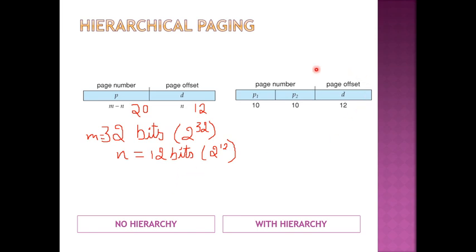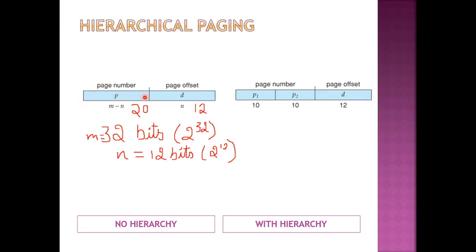What they do in the hierarchical technique is divide the page number into two parts. Here the 20 bits are divided into 10 and 10. P1 becomes the index into the outer page table and P2 becomes the index into the inner page table, and the offset remains as it is.